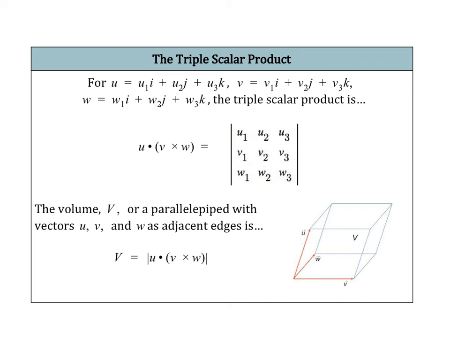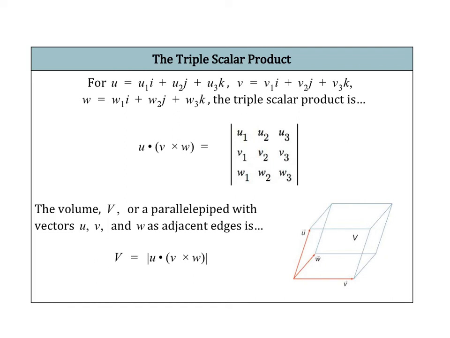That's all. So the triple scalar product is really useful application-wise to find the volume of what's called a parallelepiped. So a parallelepiped is essentially like a cube, but instead of the sides being squares, all of the sides are parallelograms. So this is what a parallelepiped looks like.